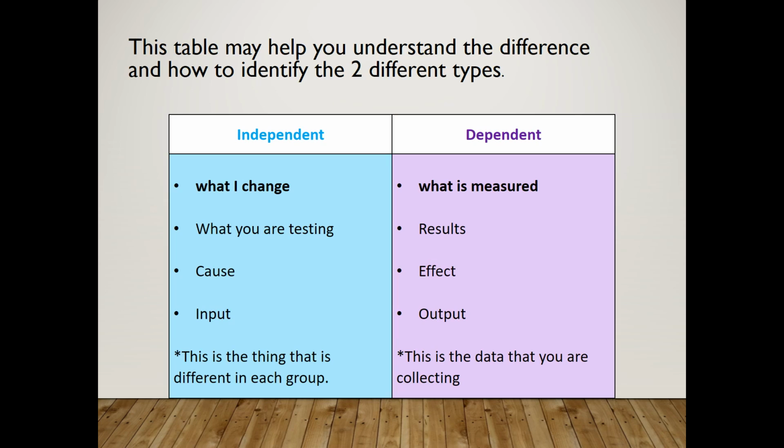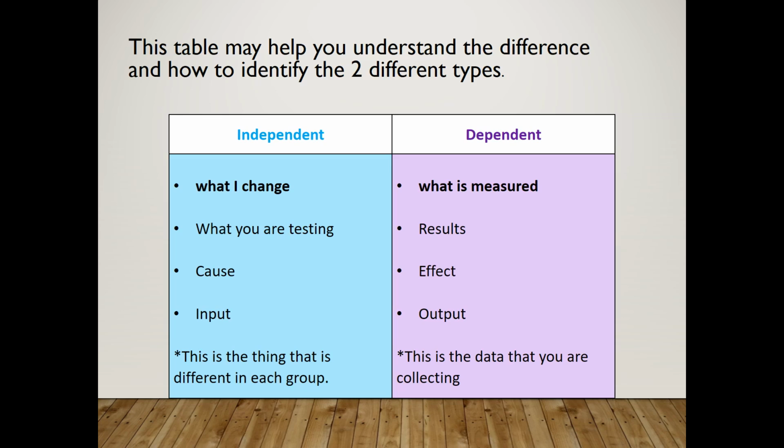This is just a table contrasting independent and dependent variables. Independent variables, this is what I change. Again, in contrast to a dependent variable, this is what is being measured. The independent is what we are testing. We would be determining whether or not a plant can grow better in front of the sun or in a closet.